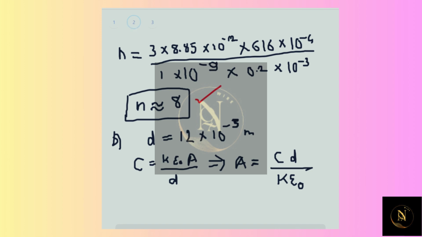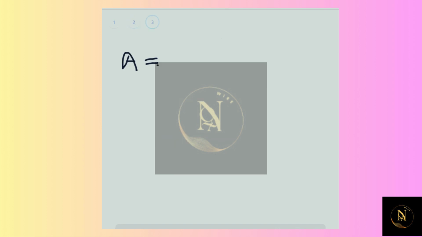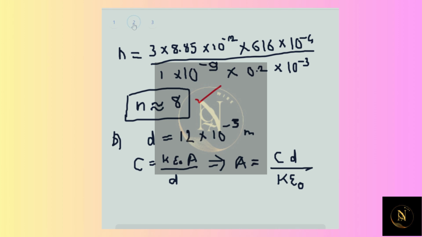So substituting the values. The capacitance which we require is 1 nanofarad, so it's 1 times 10 raised to negative 9. And what else we have?